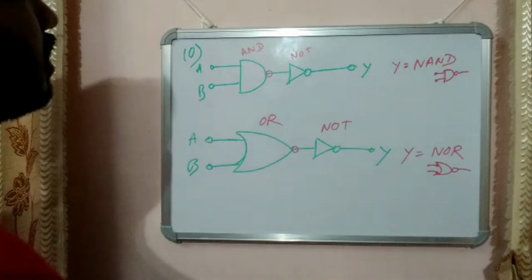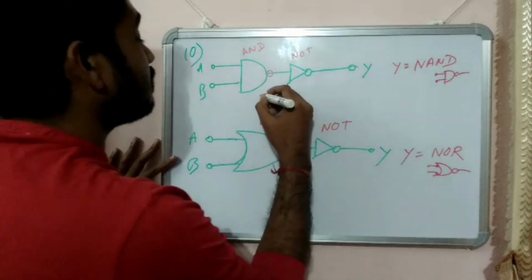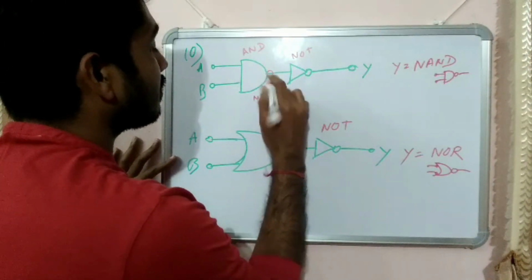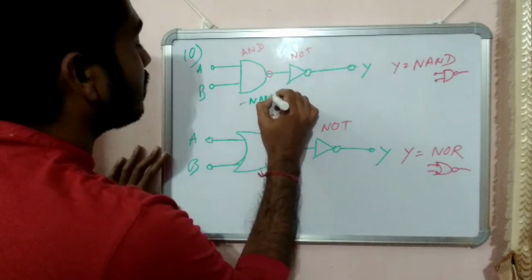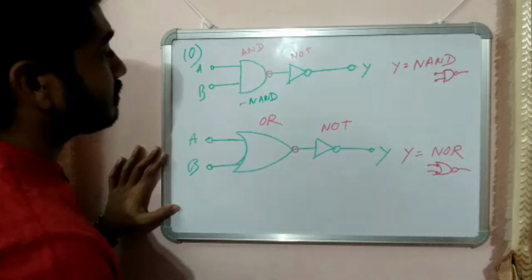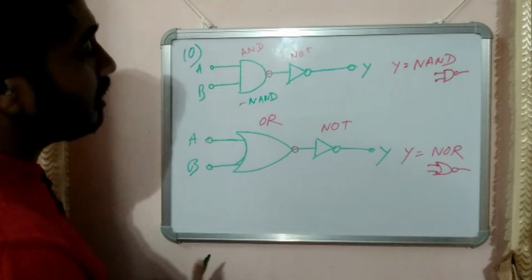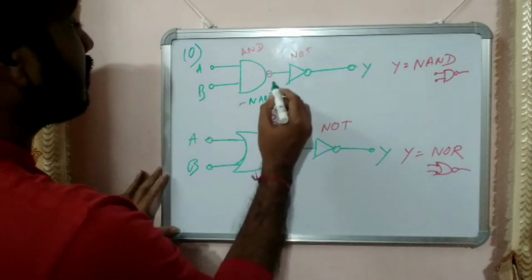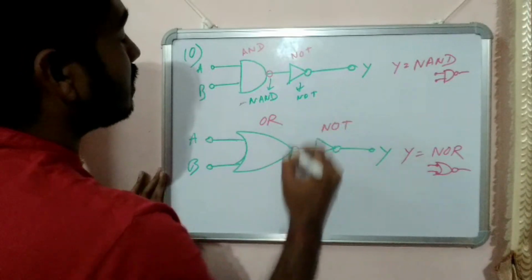So if we do a little change putting a bar over this, this becomes a NAND gate, and after this there is a NOT gate.